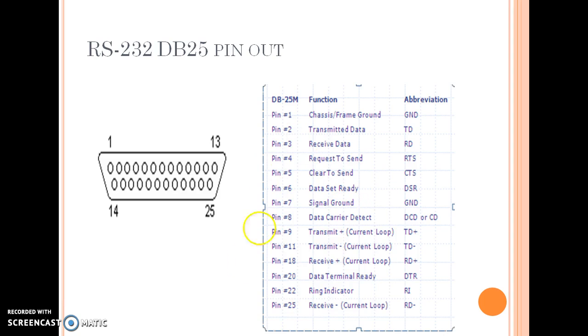And this is the DB25 RS-232 pin out, and the DB25 looks like this, and these are the pins and functions.